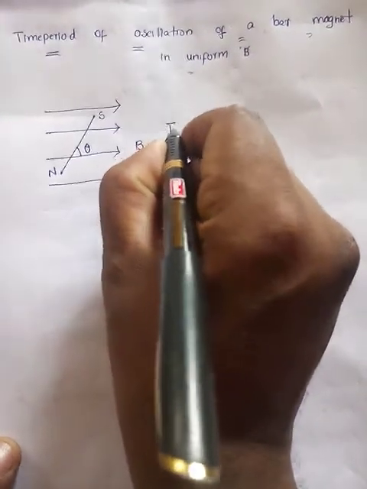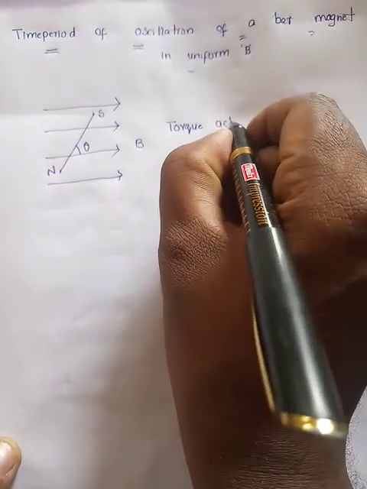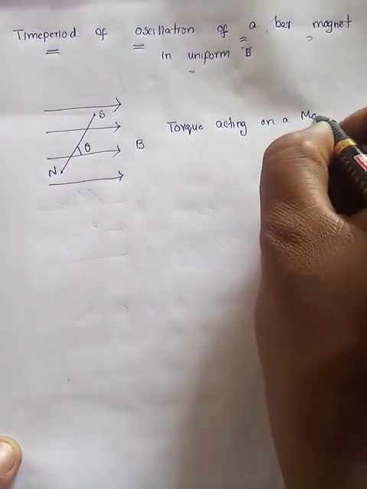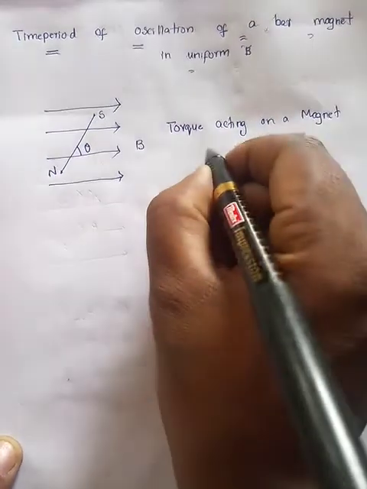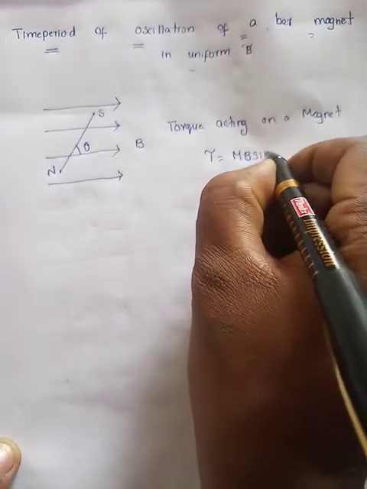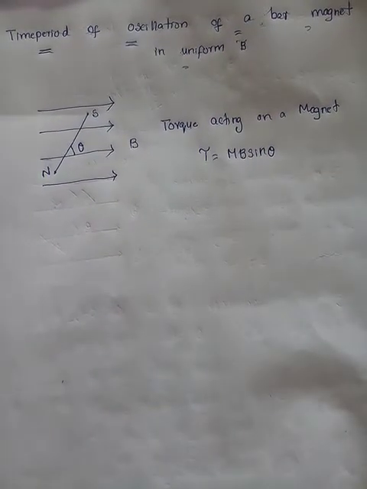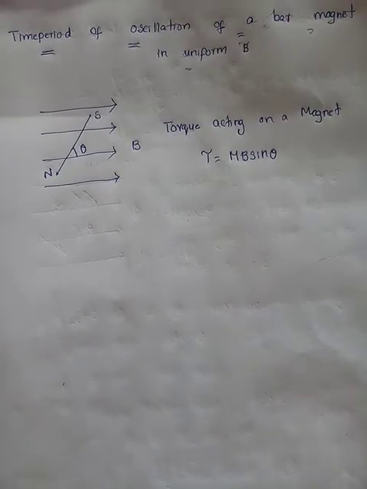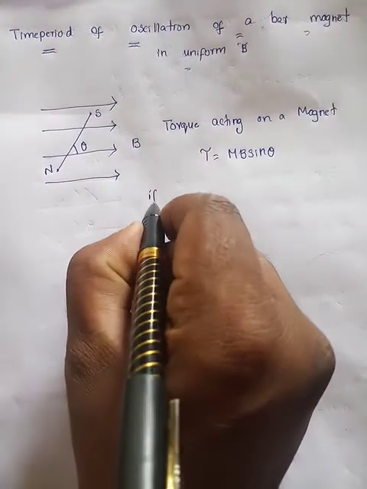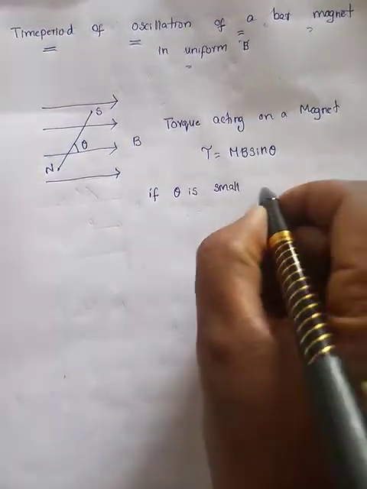So first, when you place the bar magnet, it experiences torque, right? What is the torque acting on a bar magnet? Torque tau equals mB sin theta. Since the oscillations are of very small magnitude, if theta is small, what can we write?